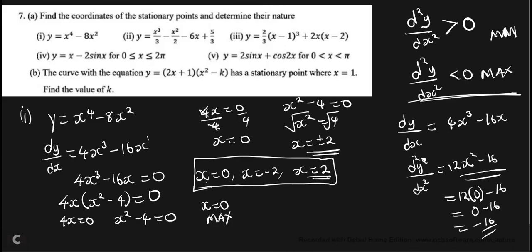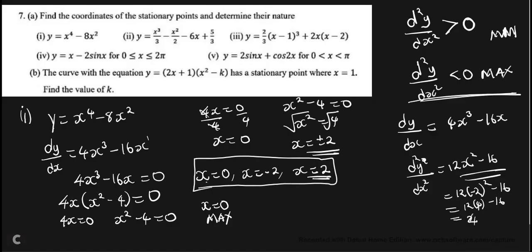You go to the other one and test it again. You use negative 2. So that is 12 times positive 4, minus 16.